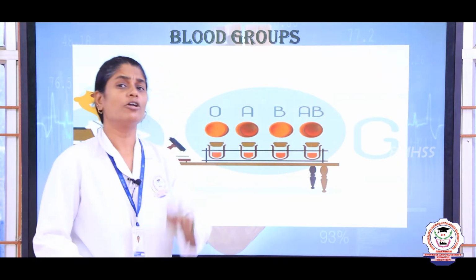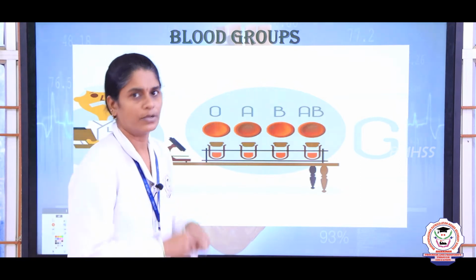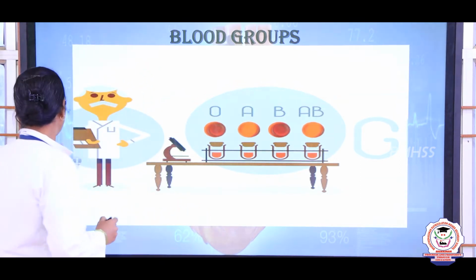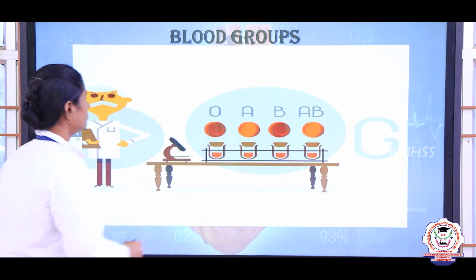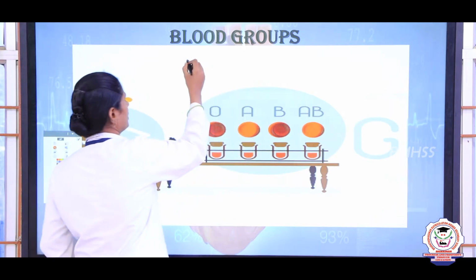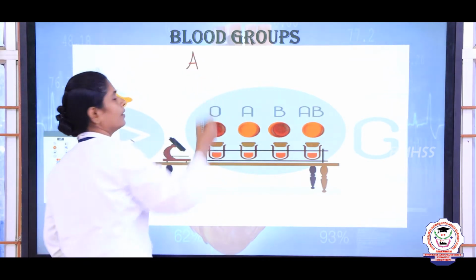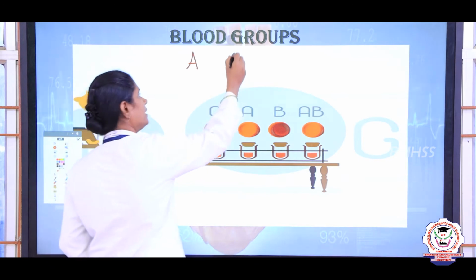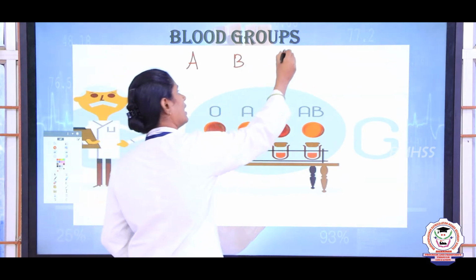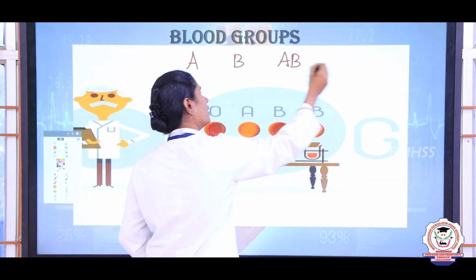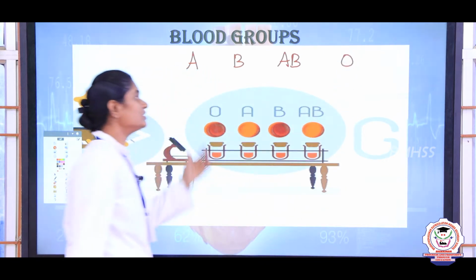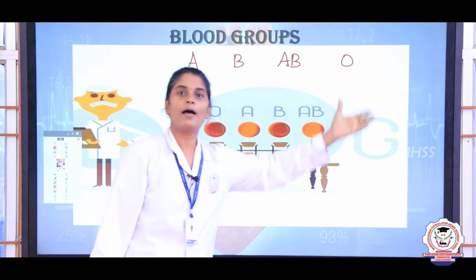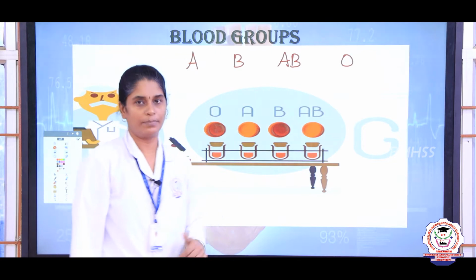What are they? A blood group, B blood group, AB blood group and O blood group. These are all the 4 types of blood groups in a human being.